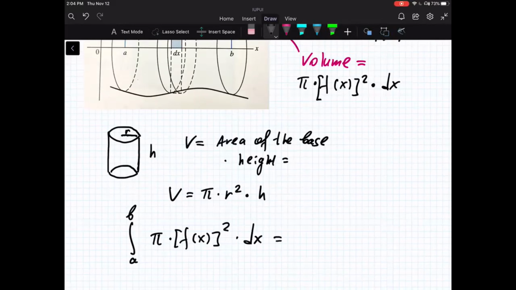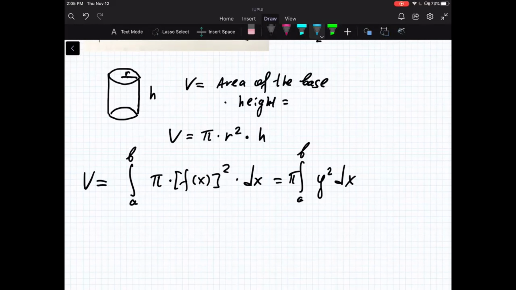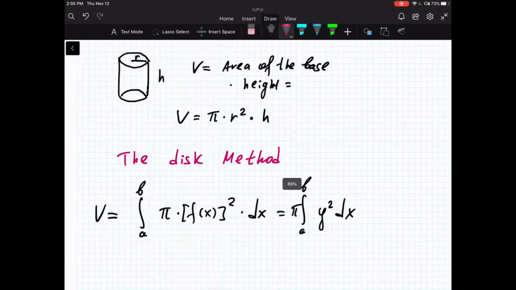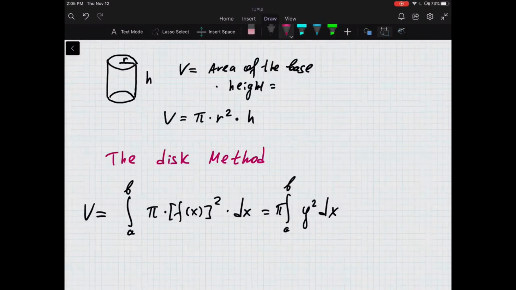Or I can write it as the integral from a to b, and this is my volume, pi y squared dx. And this is what is called the disk method, because our typical element is in fact a cylinder or disk.